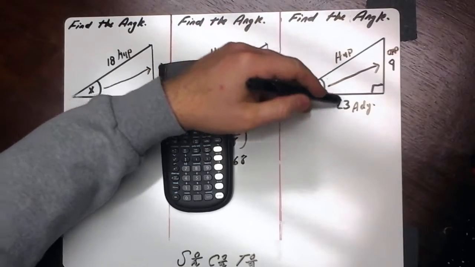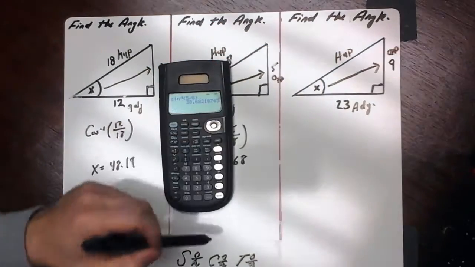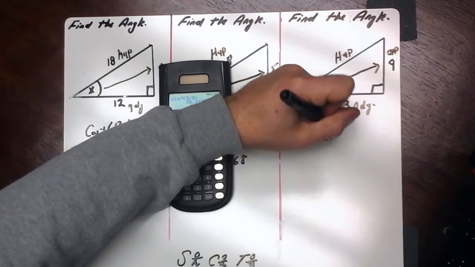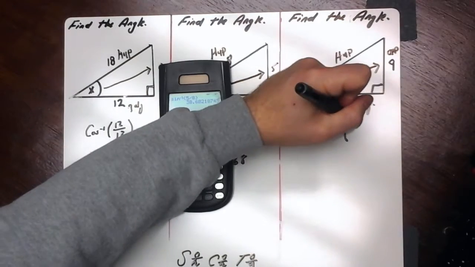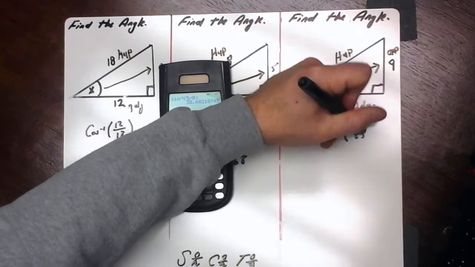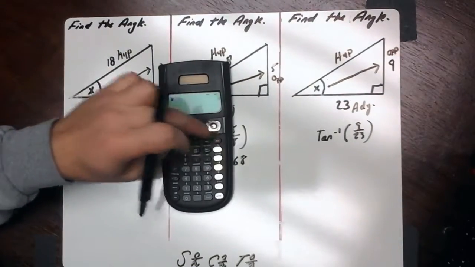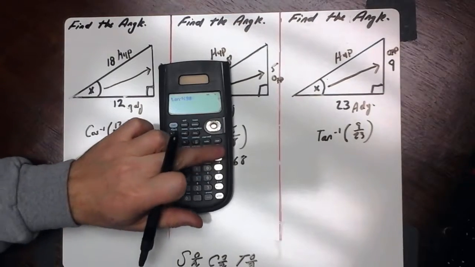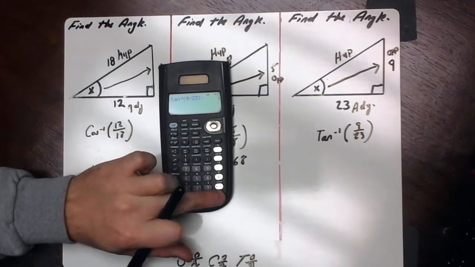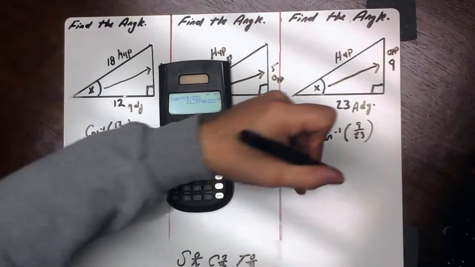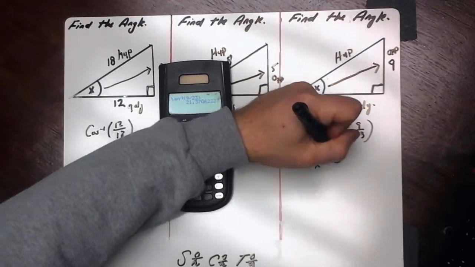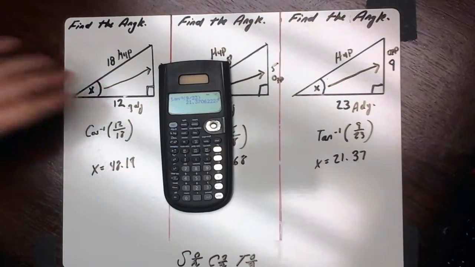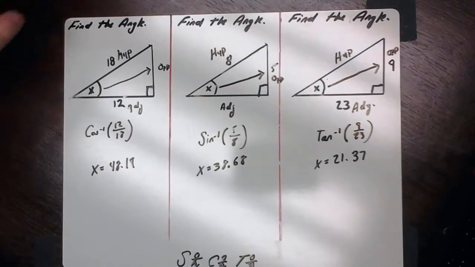So now, from here, this is opposite and adjacent, so I'm going to use tangent. So tangent inverse, and that's 9 over 23. I'm going to plug that in the calculator, pressing tangent twice, 9 divided by 23. And that's 21.37.